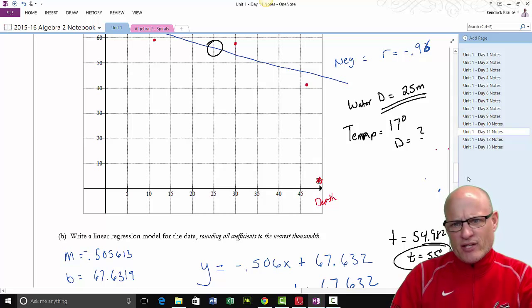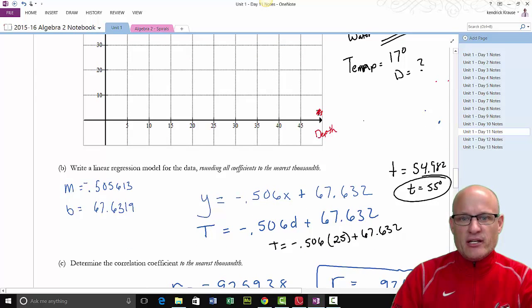So what I want to do is plug the temperature in for the equation. So T goes in for temperature. 17 is equal to -0.506 times the depth, which I don't know, plus 67.632.